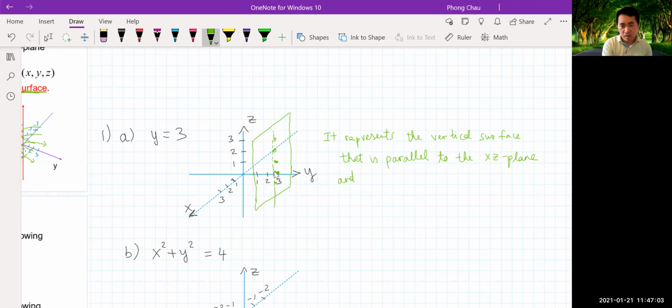You see the 3 on the y-axis, so it intersects the y-axis at 3.